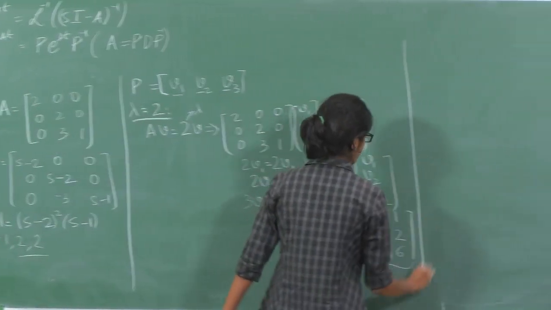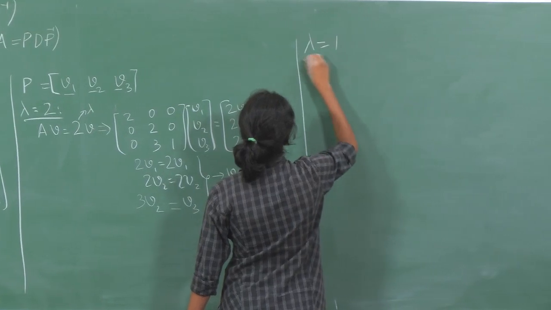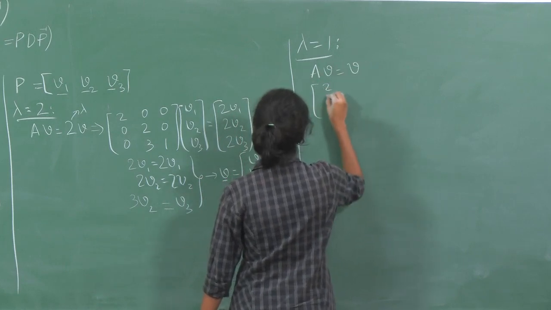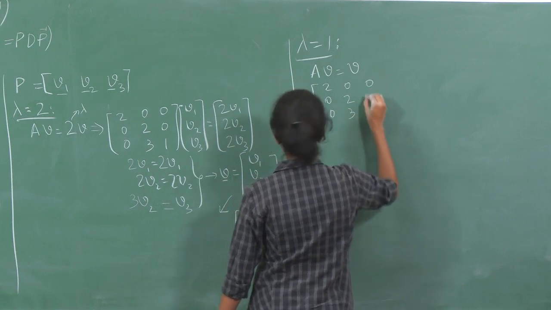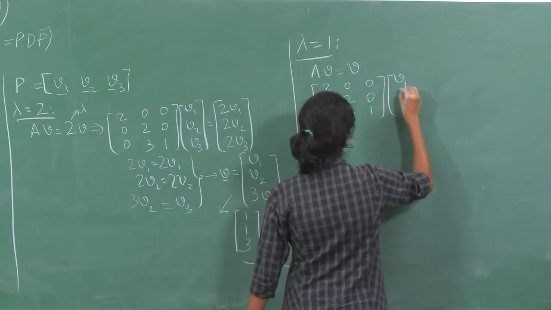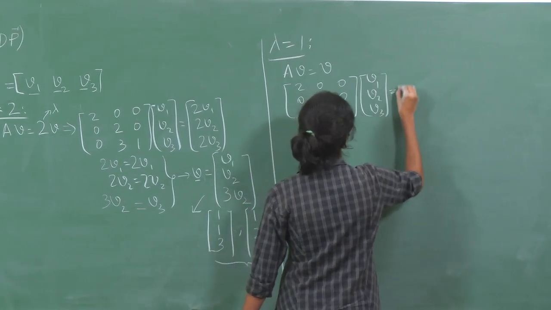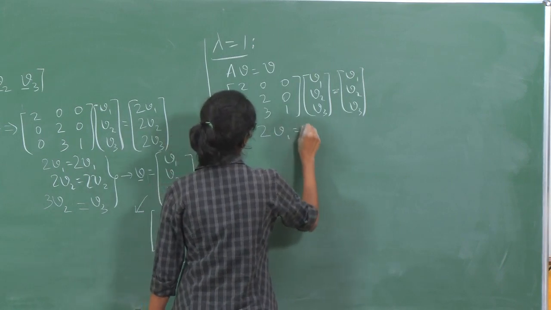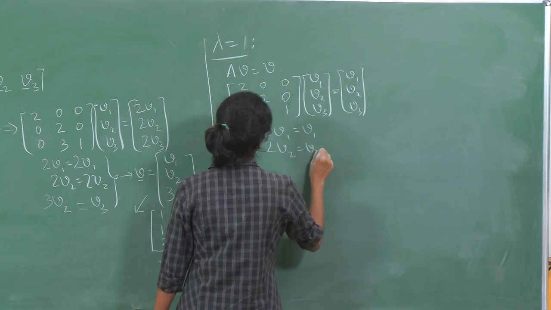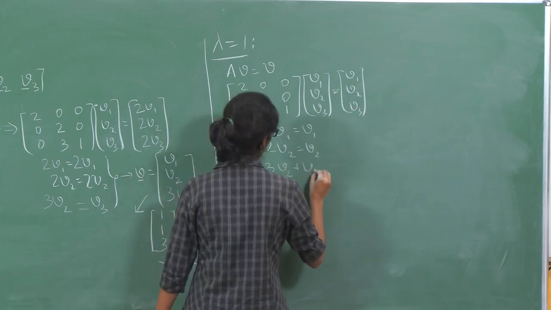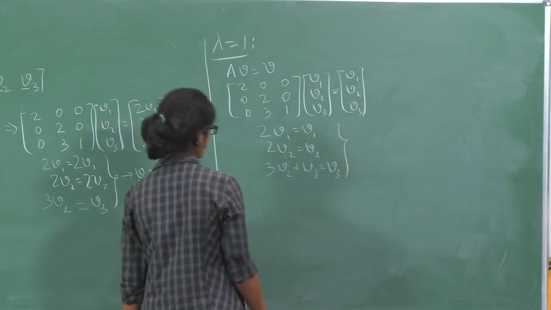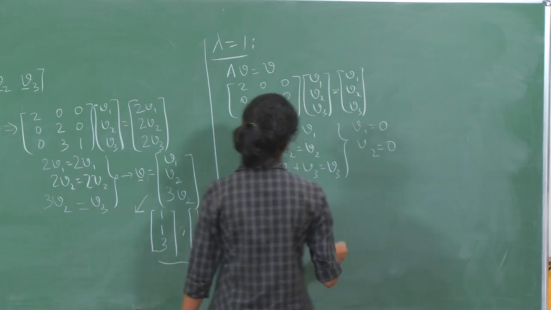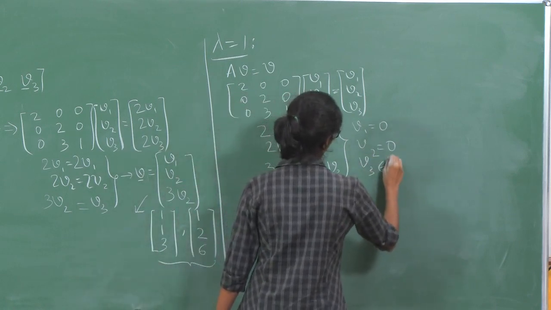Now we compute for lambda equals 1. Solving this equation, you get that v1 equals 0, v2 equals 0 and v3 can be any real number.